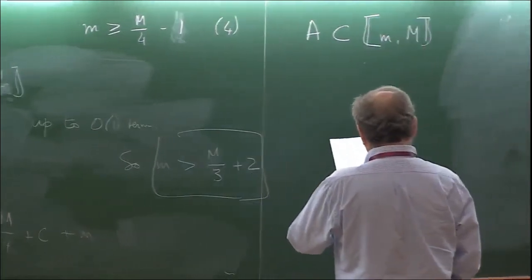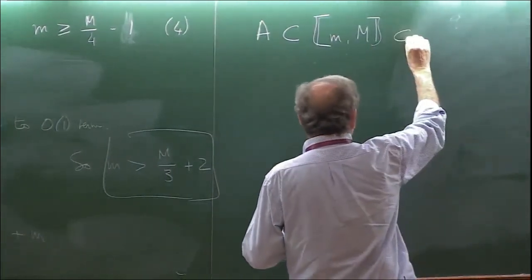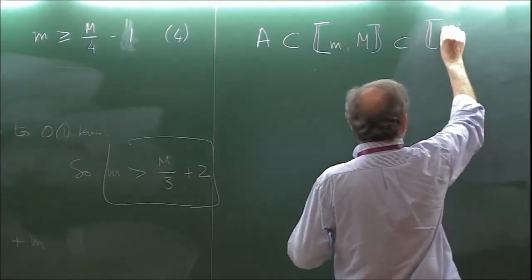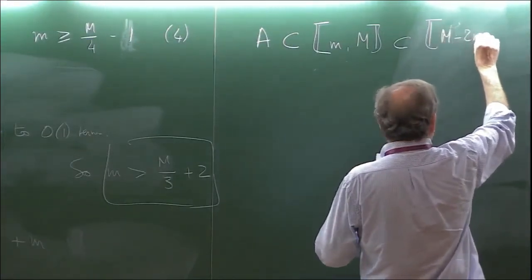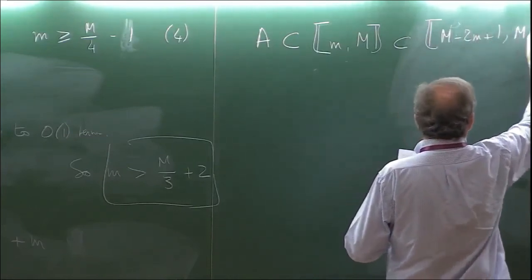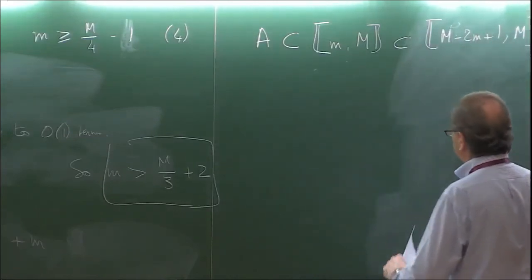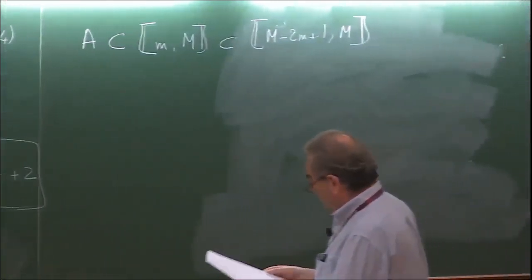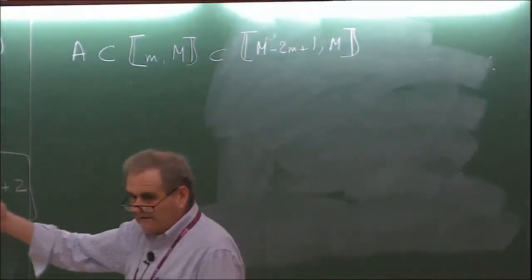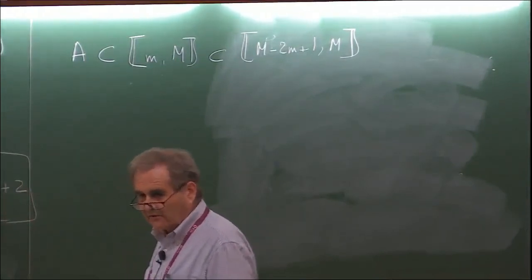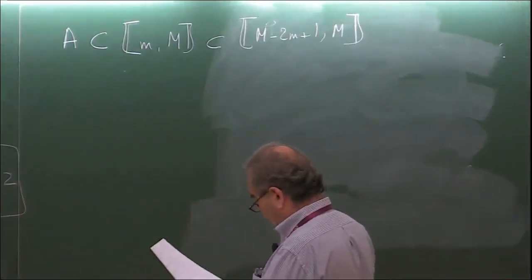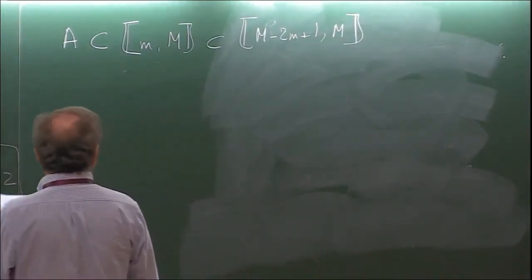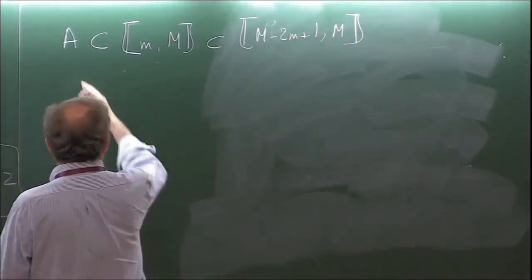And so it is included in the interval M minus 2M plus 1, capital M. So this is fine. And we know already, we have done the proof, that this set contains at most little m elements. So the cardinality is at most little m.